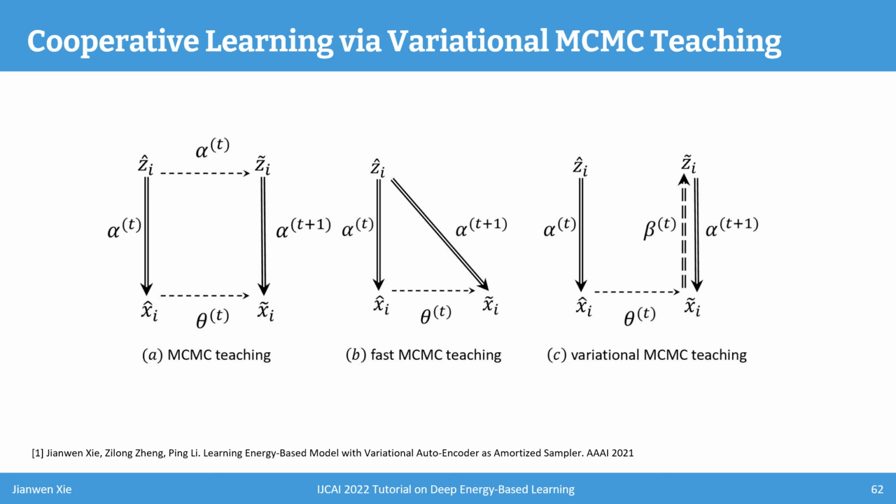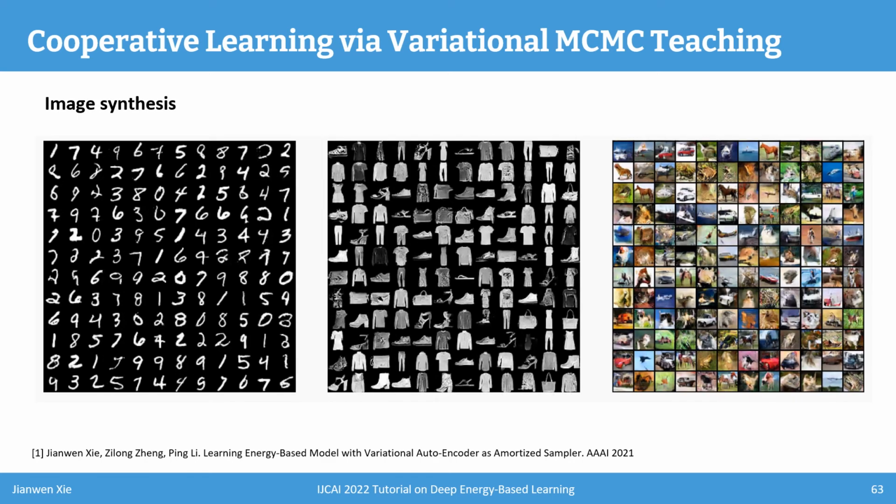The variational MCMC teaching includes 3 models and adopts variational inference, which is different from the original MCMC teaching. I show image generation results by the cooperative network using variational MCMC teaching.